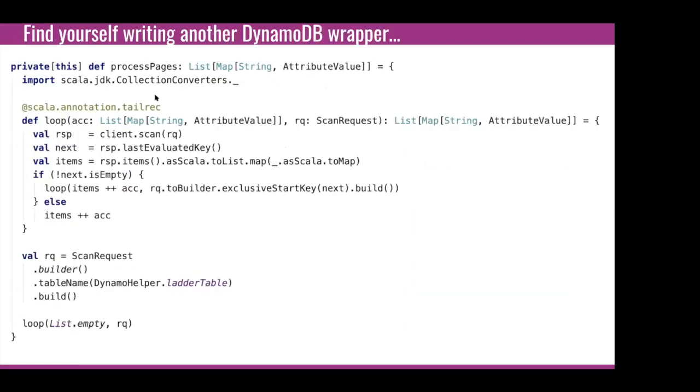Here is how I've implemented this. The moment you start to write this function, you realize you are writing another DynamoDB wrapper, because you need to reduce the amount of boilerplate code and keep your code base neat and clean.